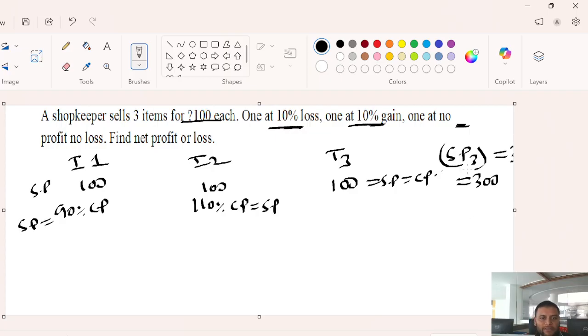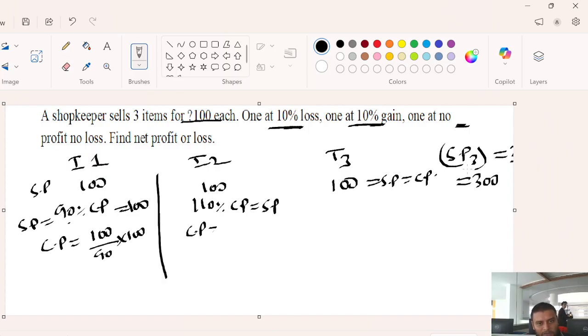Now we have to find cost price of three articles. Here you can say 90% of CP, that is the selling price, is equal to 100, and I can write cost price is equal to 100 by 90 into 100. We know this from previous questions. Here selling price is 100, so I can note cost price is equal to 100 into 100 by 110 rupees.